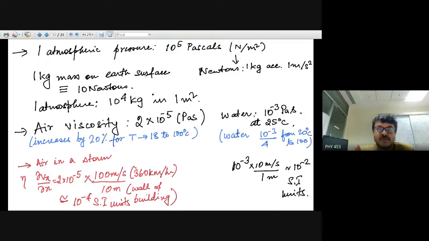But what I want to tell you is that remember, eta del v x del x, the diagonal term, is added to pressure. So for eta del v x del x, you can put down the units of Pascal seconds and check that they have the same units. So the typical case, suppose we have a storm.